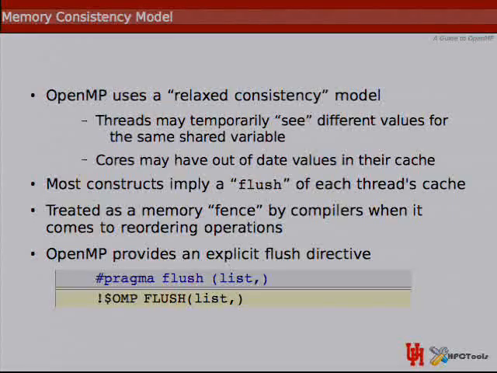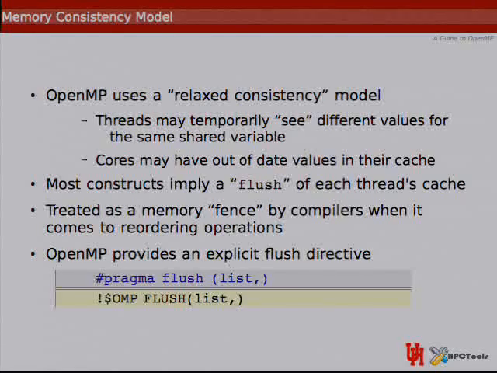Flushing writes a thread's variables back to memory. It does not pass them on to another thread, so it doesn't imply that two threads synchronize. It just says that one thread is writing all its stuff back to memory, and you can use it to do a very low-level kind of synchronization, but you have to look at it a little and understand how it's used and what it means to get it right.